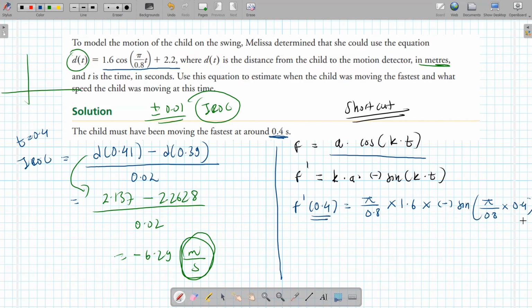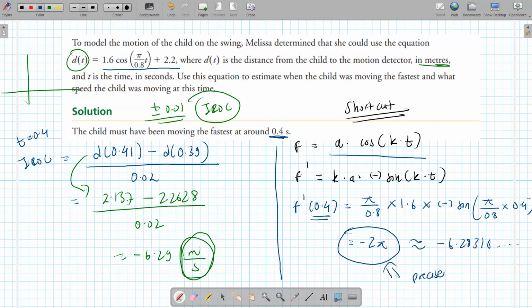So pi times 1.6 divided by 0.8 times negative sine, bracket open, pi times 0.4 divided by 0.8. And this gives me negative 2 pi, which is negative 6.28318, and so on. So this is the precise answer.